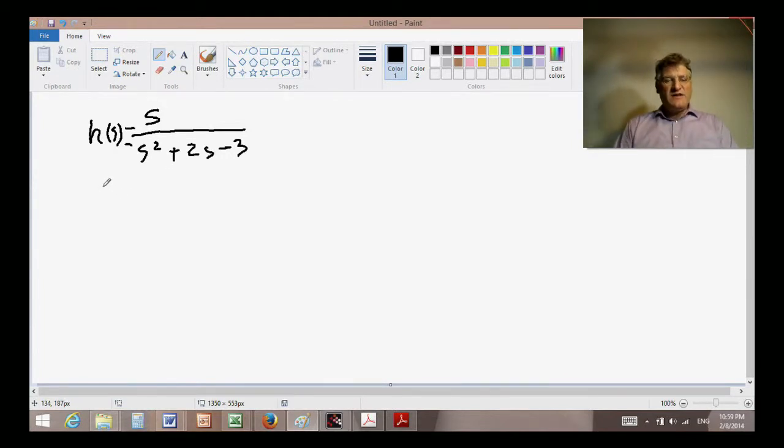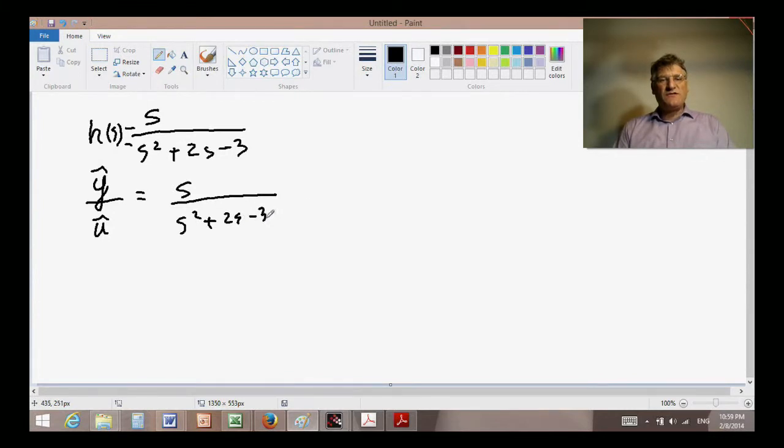I can write that y hat over u hat is equal to s divided by s squared plus 2s minus 3, which I can also write as y double dot plus 2y dot minus 3y is equal to u dot.